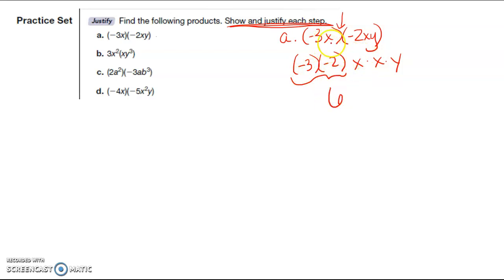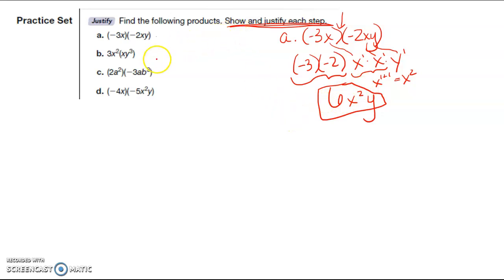And when we multiply these, you can see I have an x from the 3x, an x from the 2xy, and a y from the 2xy. These have the invisible 1 as their exponent. And we know that when we multiply something with the same base, we add the exponents, correct? So this is going to be x squared, and then the y just continues, and that is our answer.